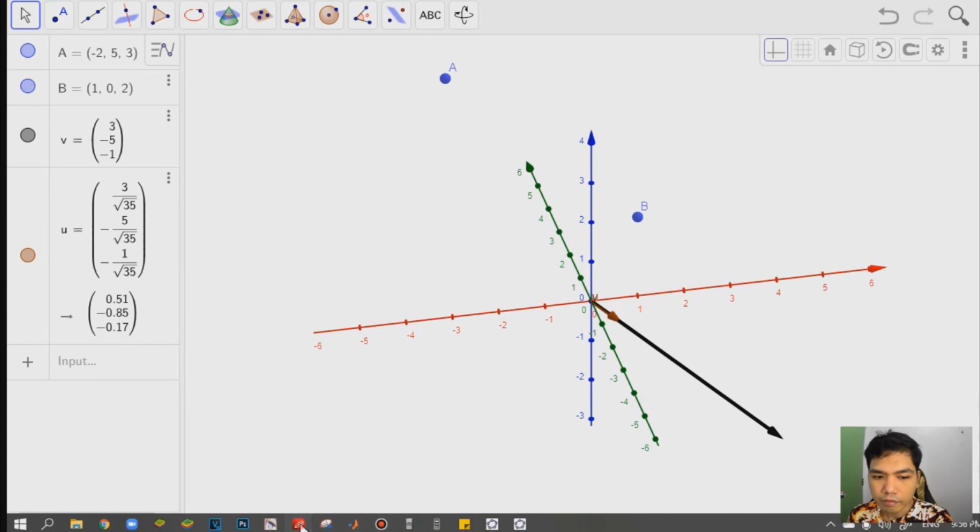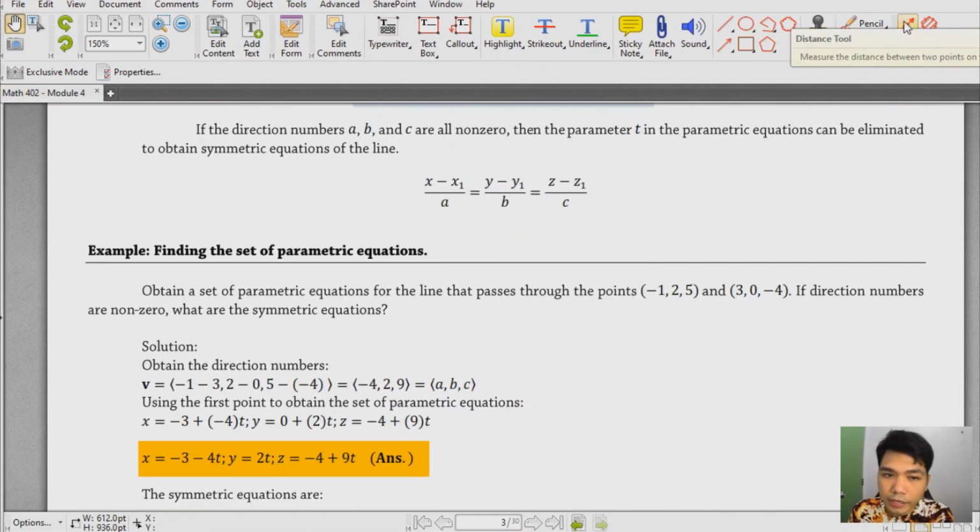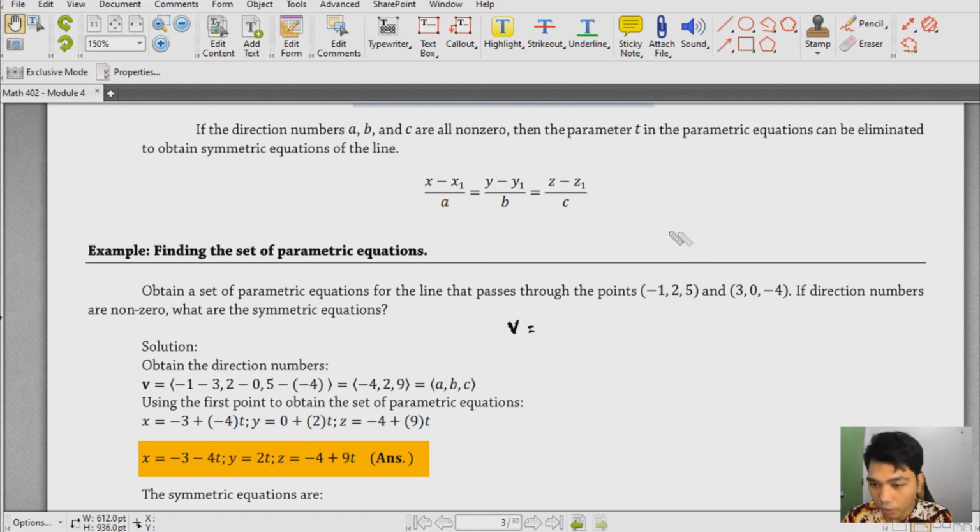So from this, let's have the first number. And it says here that we have 2 points, -1, 2, 5, and 3, 0, -4. And then let's find the parametric equation from these 2 points. So sabi natin, we can determine the direction number by having the difference between two points. So assuming na I start with A and end up with B, so therefore yung A ko yung magiging reference natin na parang ito yung magiging x sub 1 natin, and this would be your x, parang ganon.